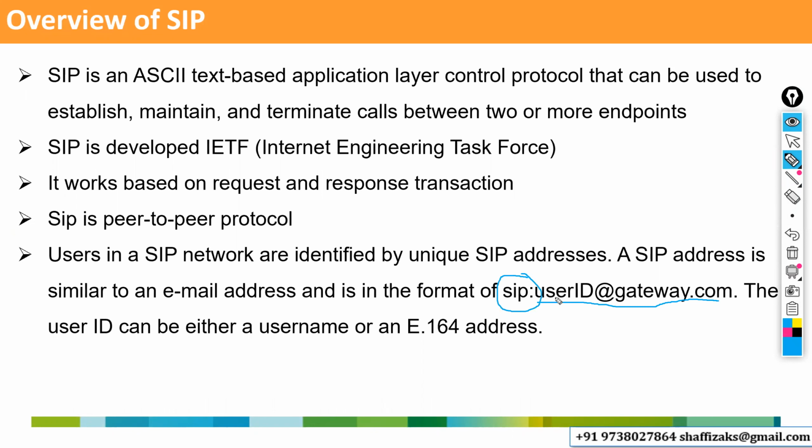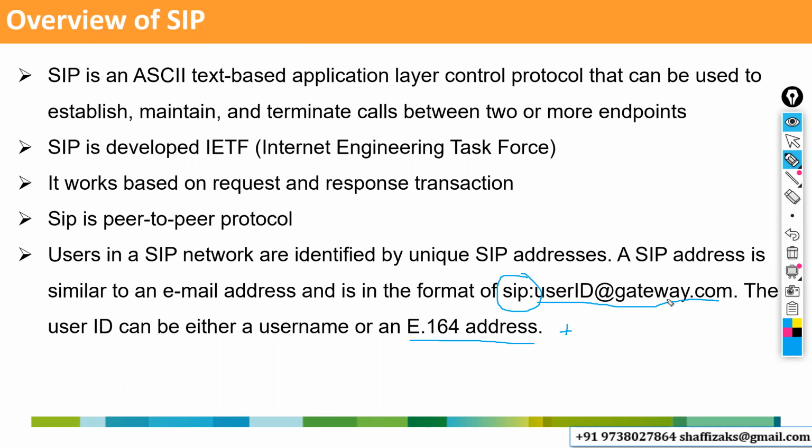Here the user ID means, if you have created a user and associated it, it will give the user ID. If there is no user ID, it will give the number. E.164 format means plus country code, then area code, then subscriber number. This is how it will come, and then gateway.com. Here gateway.com is a domain name.